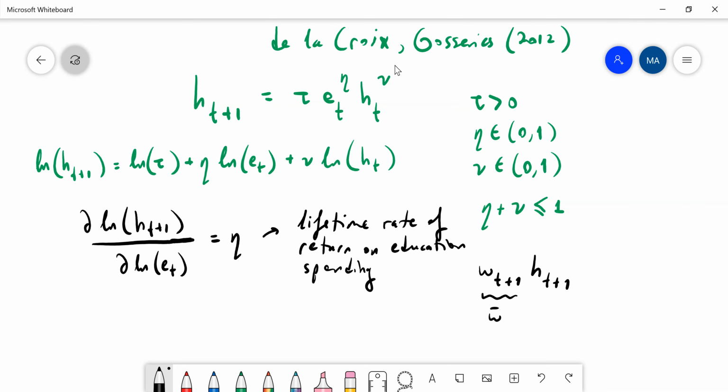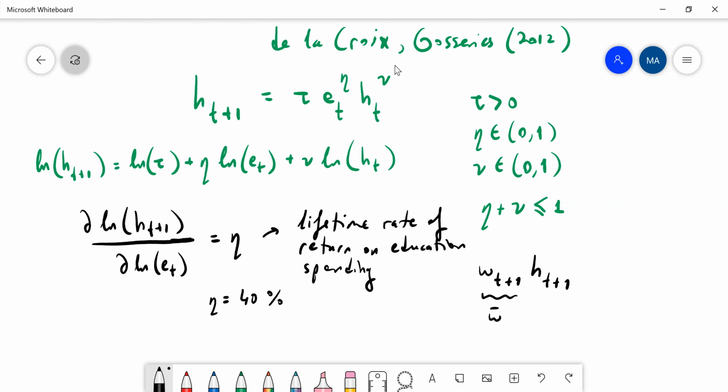Now the elasticity of that effect is equal to eta. So suppose that eta is equal to 40%. What does it mean?